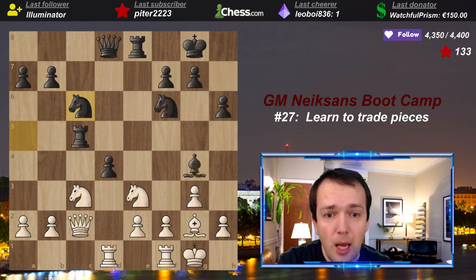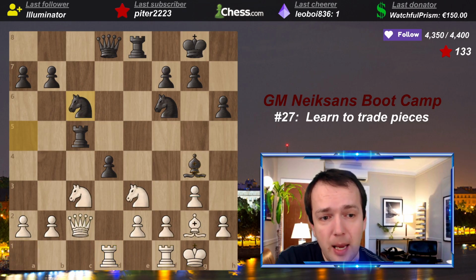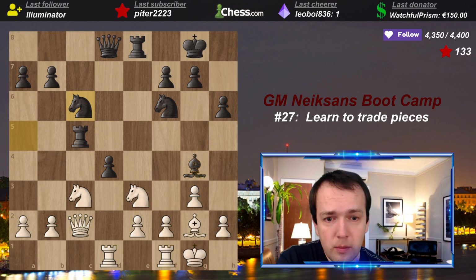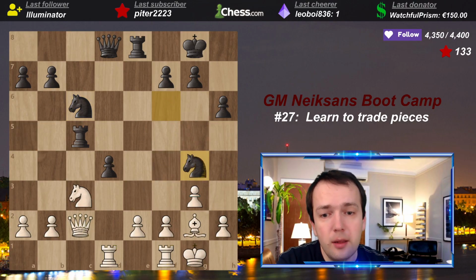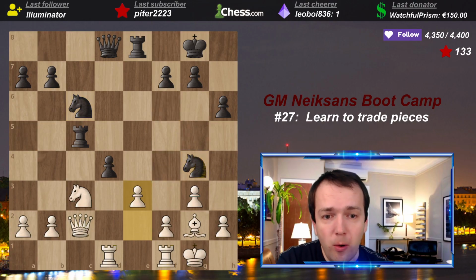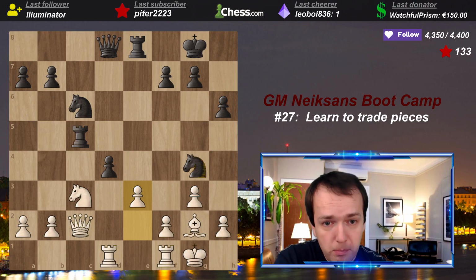Now this would be a very interesting exception to the rule. Now this bishop on g4 is not such a bad bishop anymore, right? Because the pawn is no longer standing on d5, isn't it? So you could trade on g4, trade on e3, and now play with a good bishop on g2.